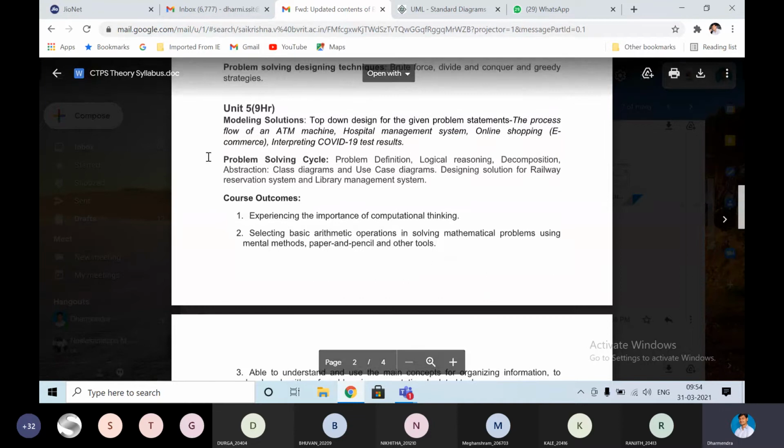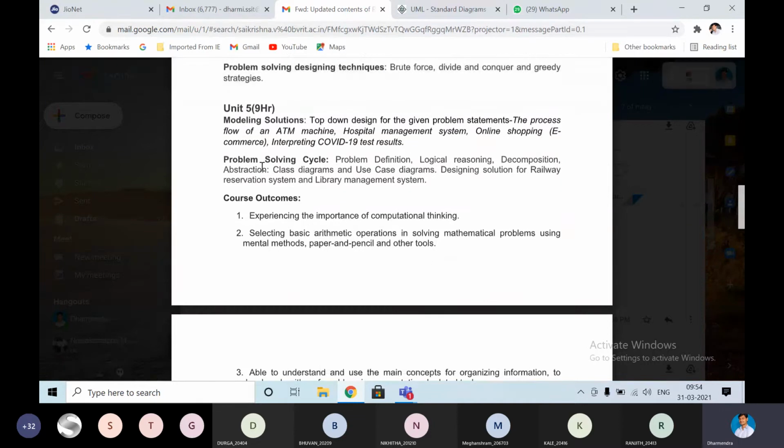Okay. Next, another topic we have is the problem-solving cycle. Here, in the problem-solving cycle, there is a topic called designing. We know about the problem definition.